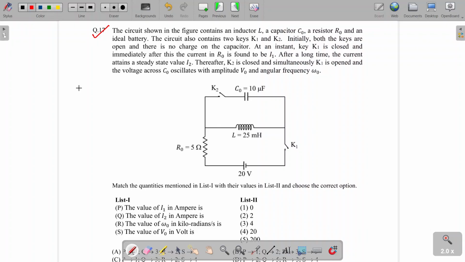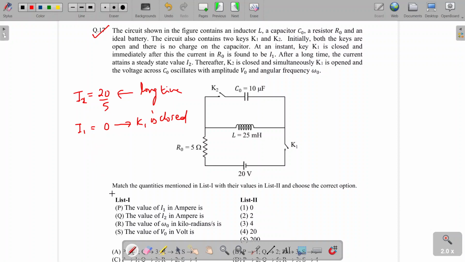The current I1 would be simply 20 by 5 when the inductor becomes a straight wire, and the straight wire is when after a long time. So after a long time, we have current 20 by 5. Initially, the current is going to be 0 only because the current is growing. So when K1 is closed, I1 is 0.